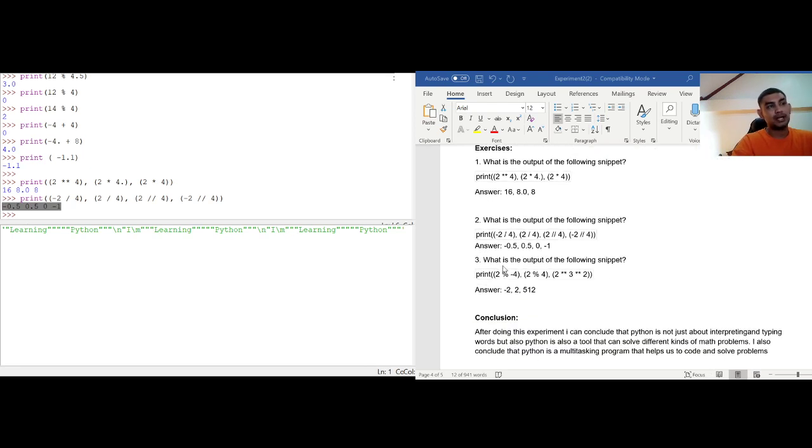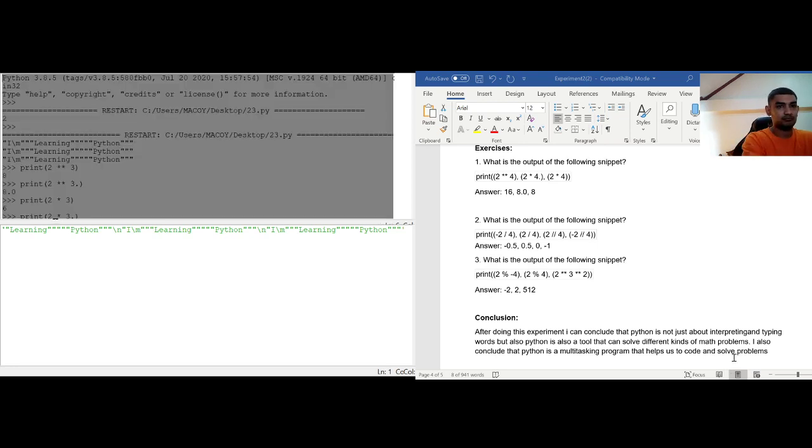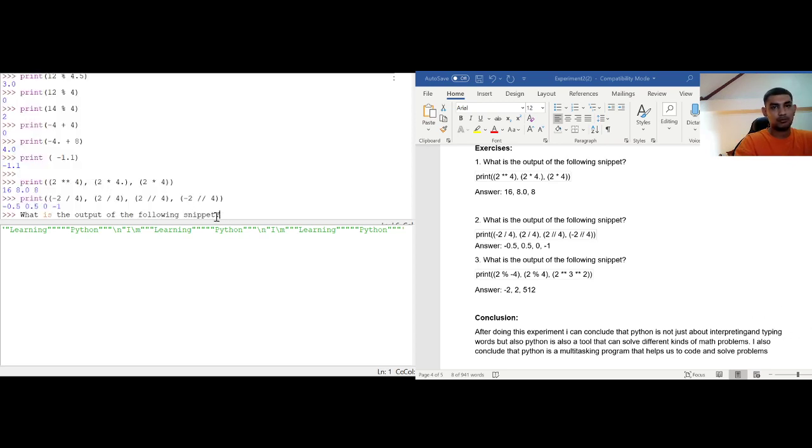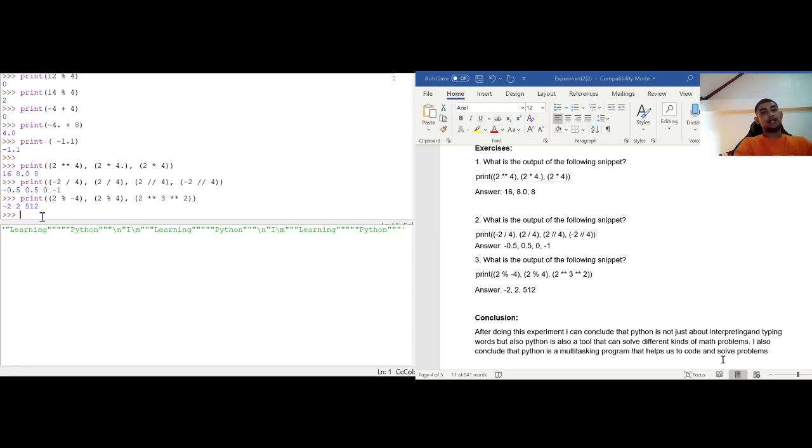So for number 3, what is the output of the following snippet? So we have negative 2, positive 2, and 512.